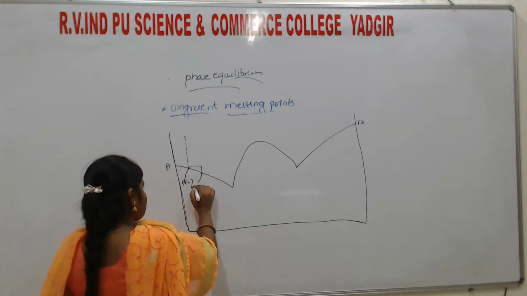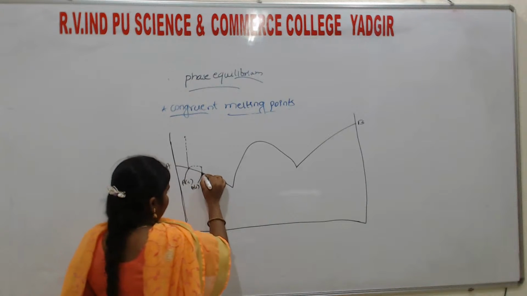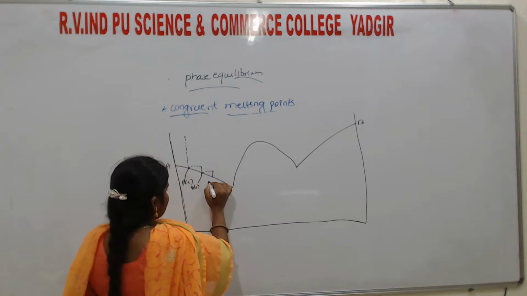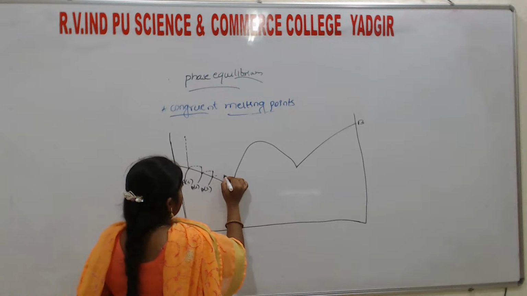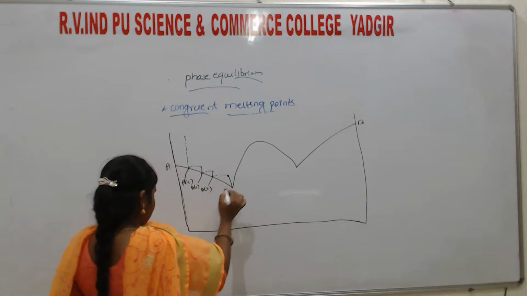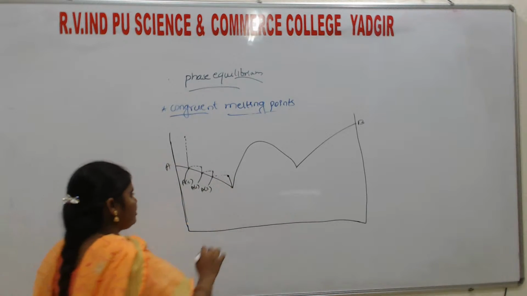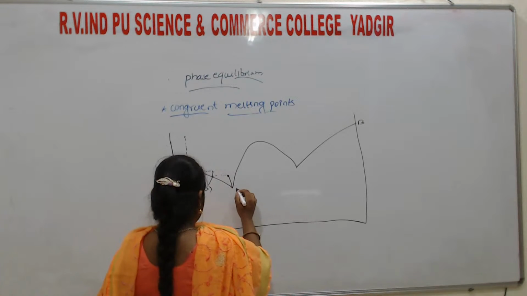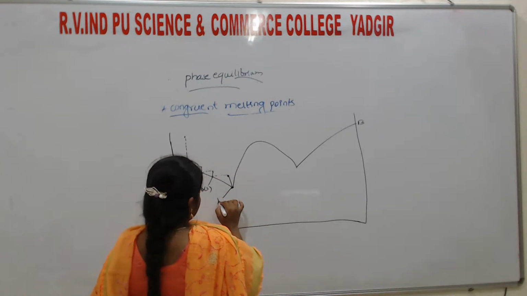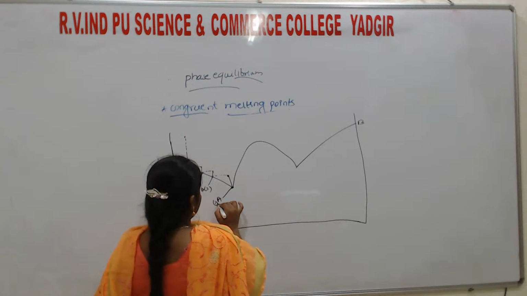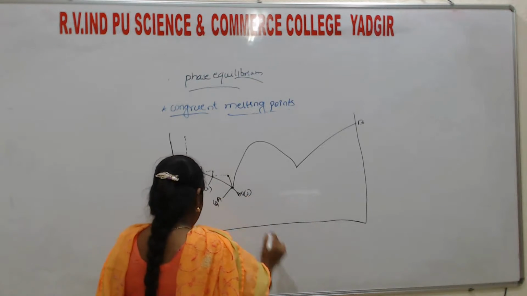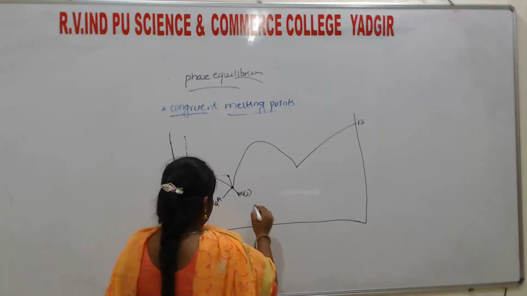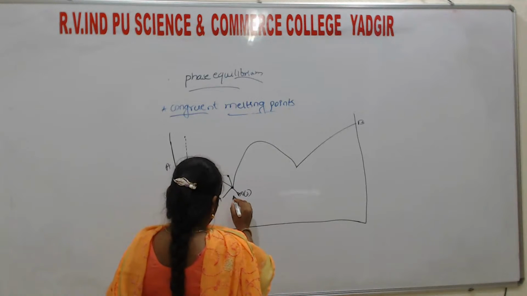Here A is solid, and next the composition changes, and here also A is solid, and next the composition changes, and it gets a triple point. Here A is a solid and AB is a solid, and this is a triple point.